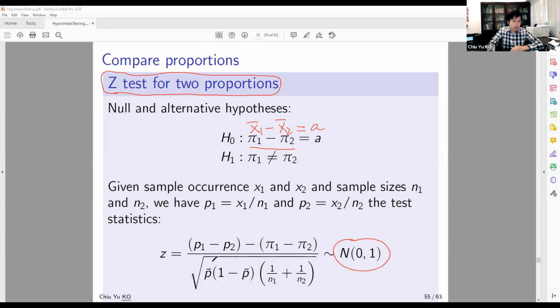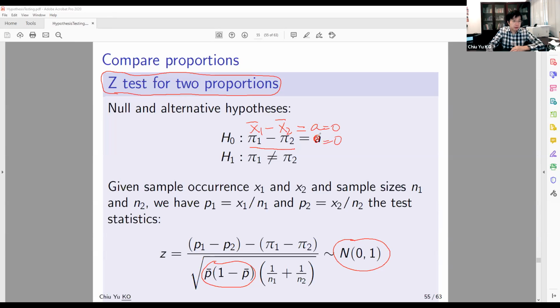Because we can estimate the sample variance. If you recall, if they're the same, let's focus on the case where that a is 0.